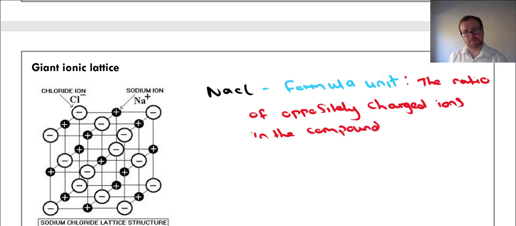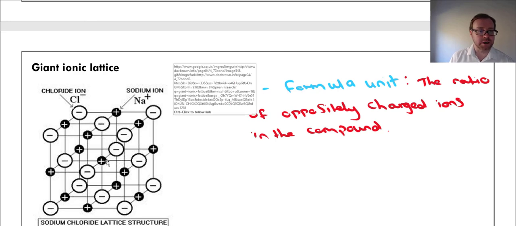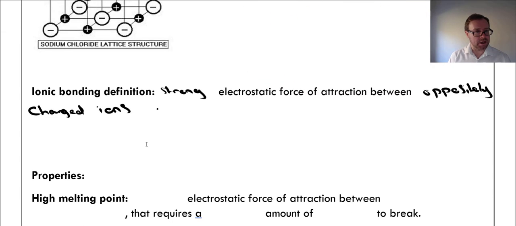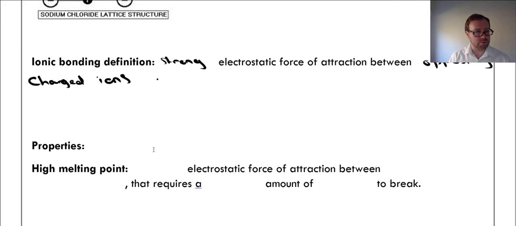So NaCl tells me that for every one Na+ ion, there is one chloride ion. Okay, it doesn't tell me that a giant ionic structure contains one Na+ ion and one Cl- ion. It only tells me the ratio of them. Remember when we're talking about giant, there might be millions of these different ions, these oppositely charged ions in a structure.